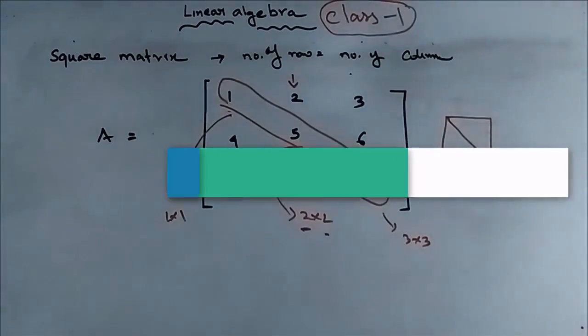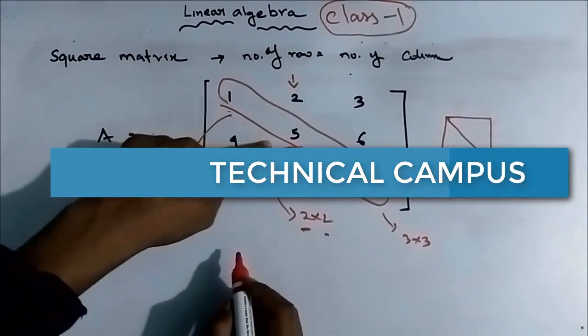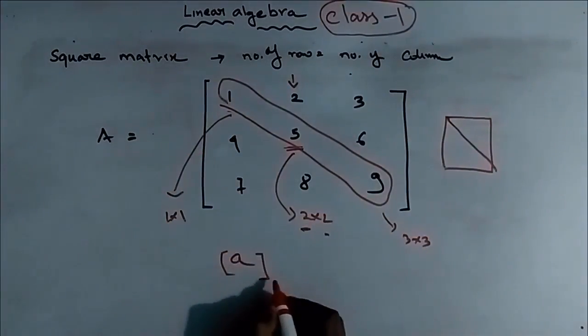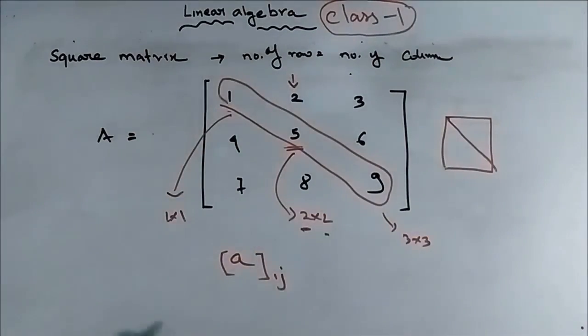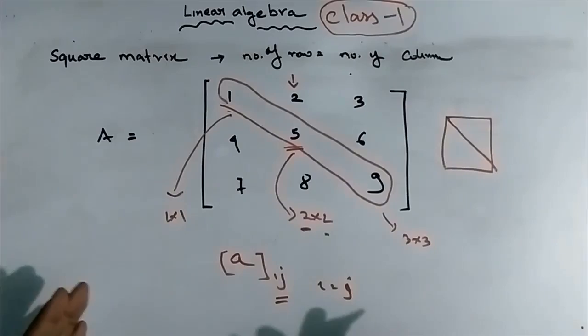Suppose I consider 1, 5 and 9 as a, with the order ij. Whenever in a square matrix i equals j, that element is a diagonal element. Those elements are known as diagonal elements.